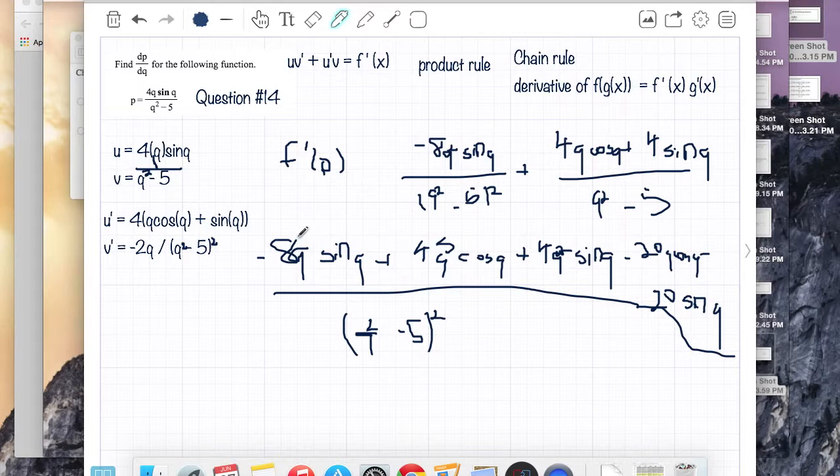Okay, so we're just going to add this together. We see 4q, oops, forgot to put the squared here. It's my fault. You can see it there. 4q squared sine q minus 8q squared sine q.